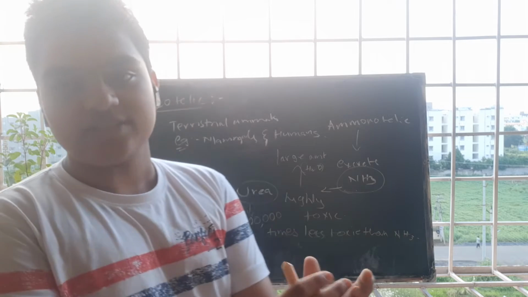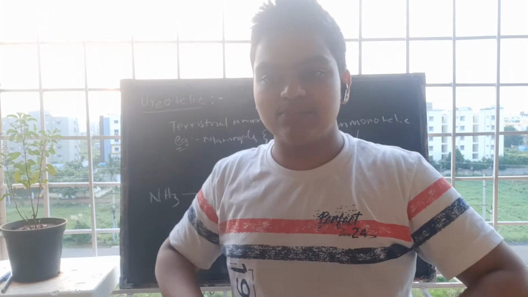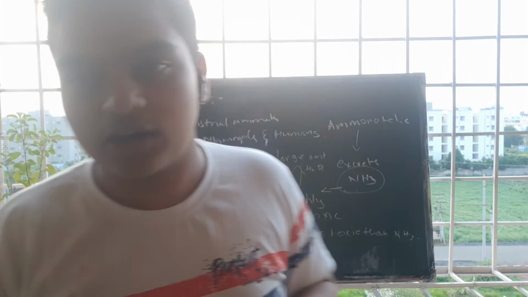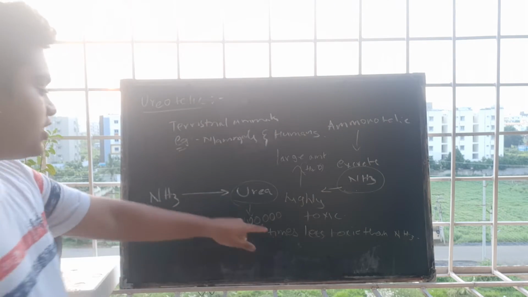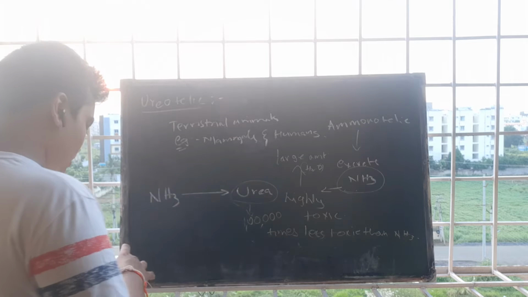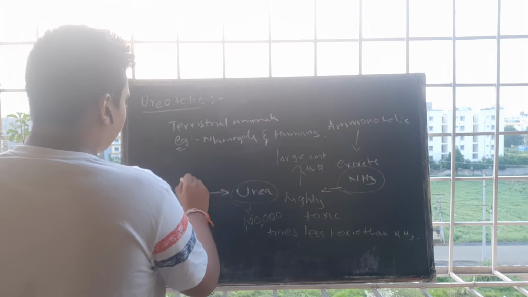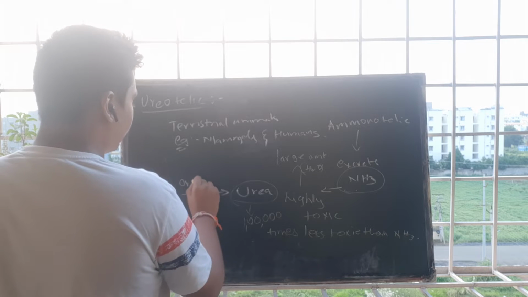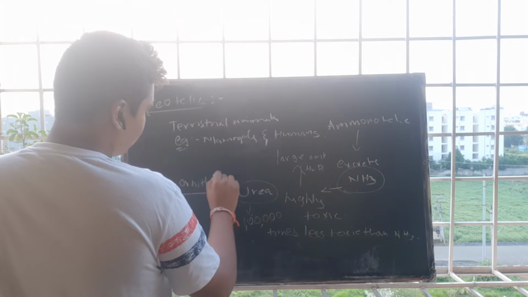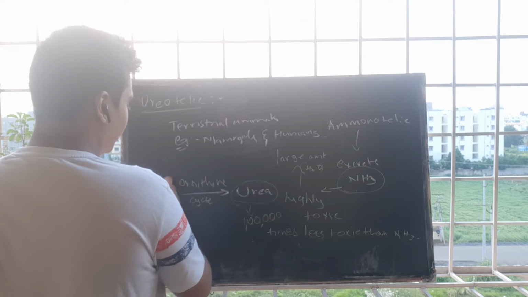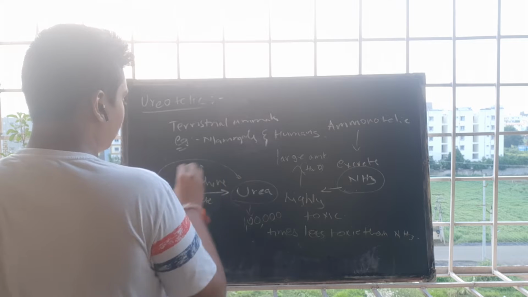Since it is less toxic, we require less water for its excretion. So that is why we excrete this. And this cycle name is not present in your NCERT, but write it: ornithine cycle. Conversion of ammonia into urea is known as the ornithine cycle.